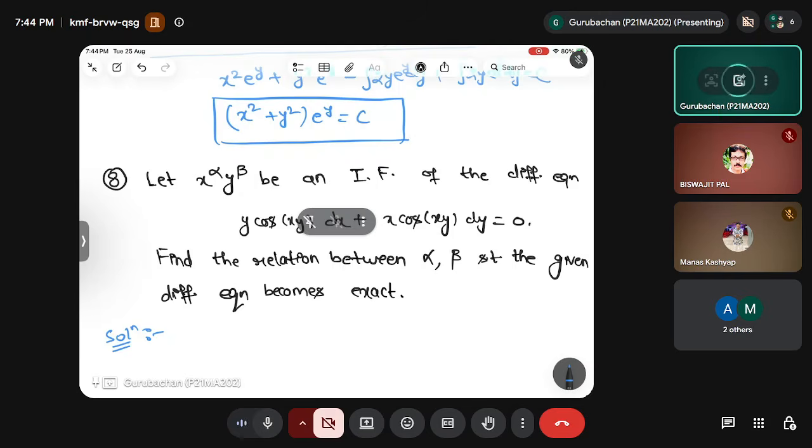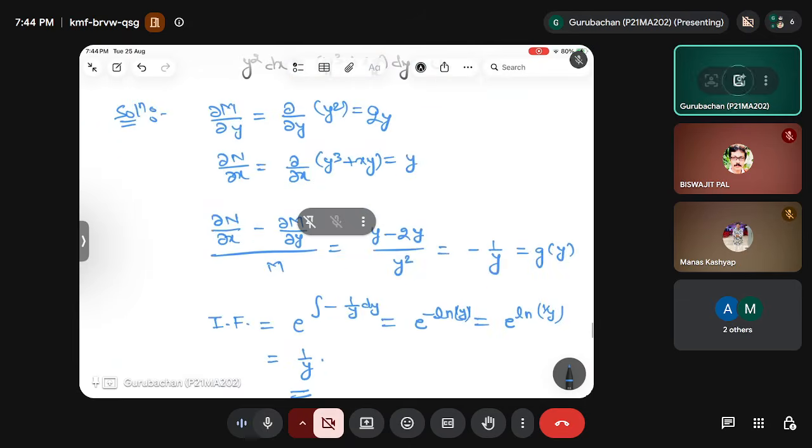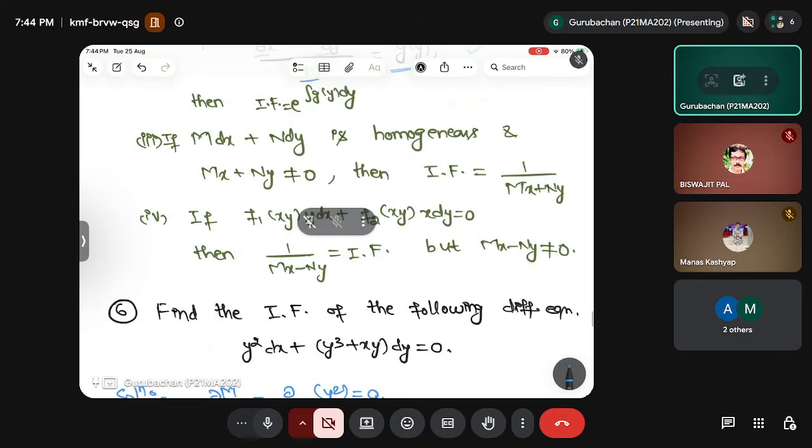It will be 0. What does that mean? Mx minus Ny, so it will not work, no? It will work only when Mx minus Ny is not equal to 0.